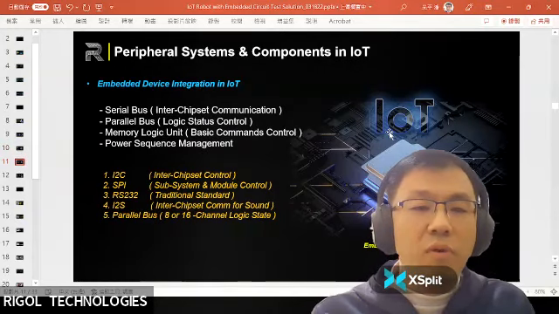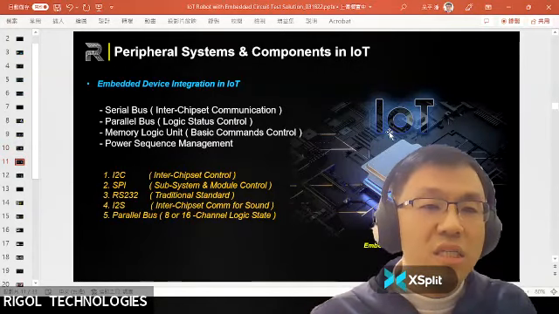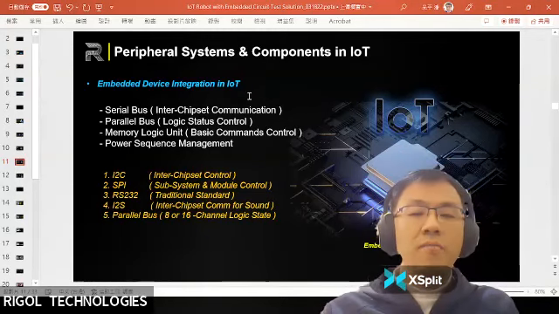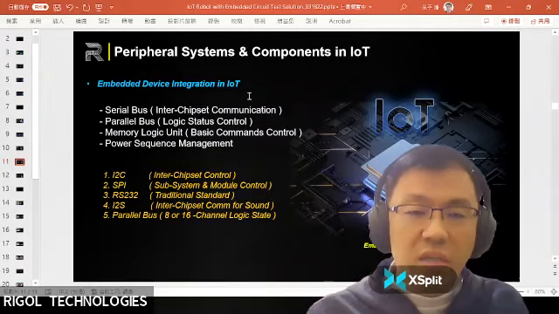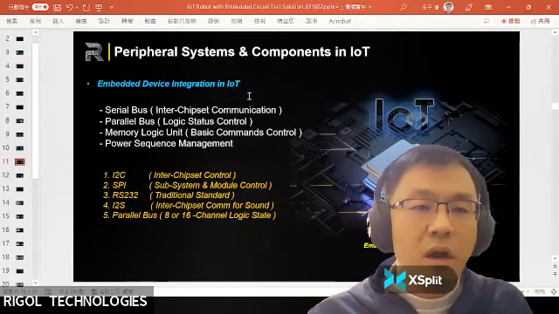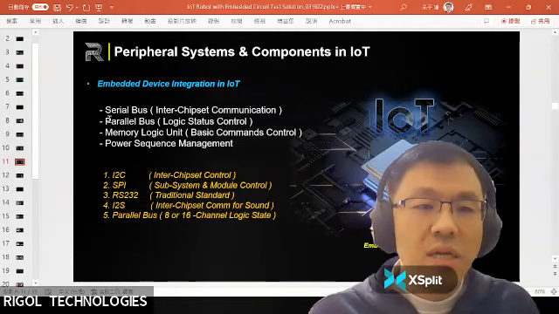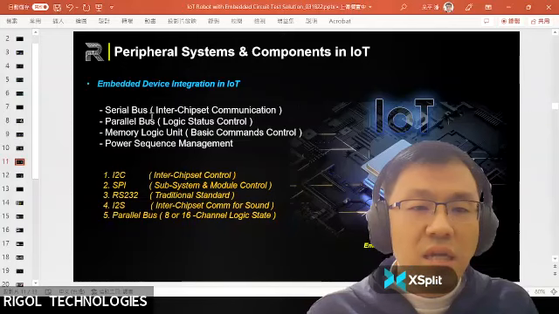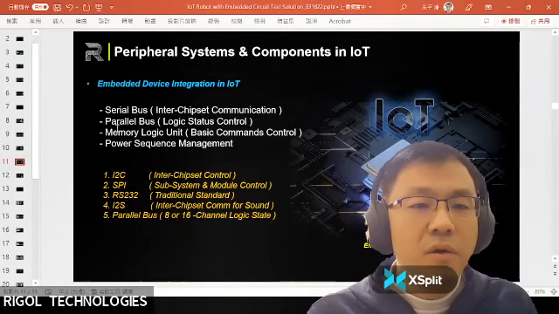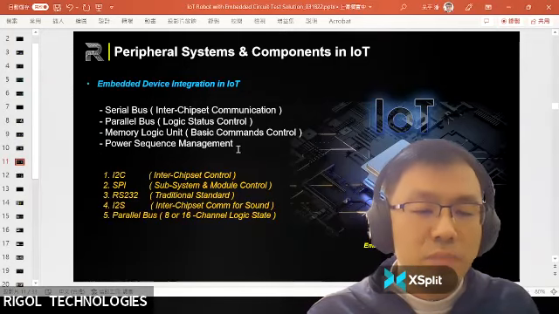But the most important thing we need to focus on is the embedded device integration part. Because for RIGOL technologies, our test and measurement technology will focus on this level. We focus on serial bus technology testing, like inter-chipset communication, the parallel bus, the memory logic unit, or the power sequence management.